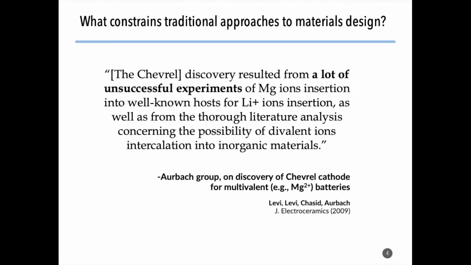So you can imagine that doing a lot of unsuccessful experiments, relying only on literature search, can be something that is a little bit unpredictable and could have room for improvement in terms of being able to accelerate materials design. So this talk is really about a few different ideas of things that we can do moving forward in order to kind of move beyond this process and add new tools to the repertoire of experimental groups.